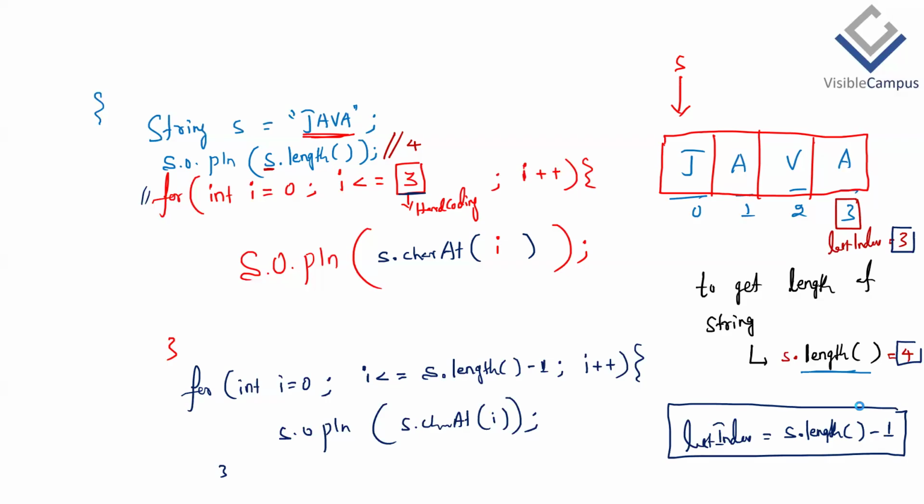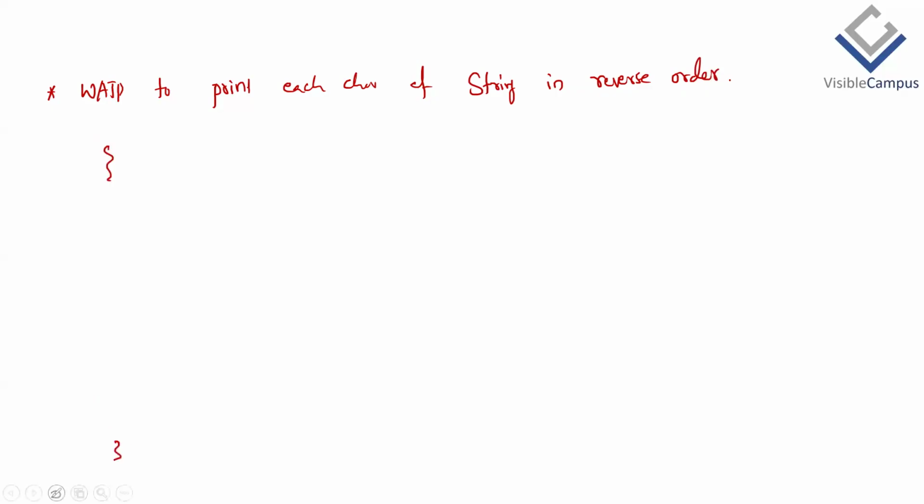Can you please write a code to print the string characters in reverse order? Yes, sir. Write a Java program to print each character of a string in reverse order. For this, you can take a string of your choice.